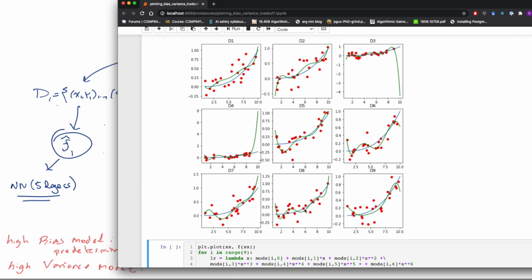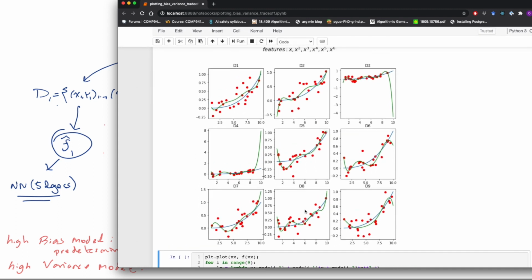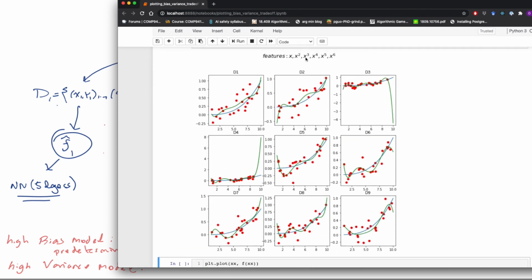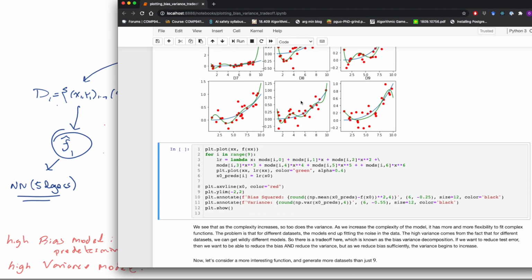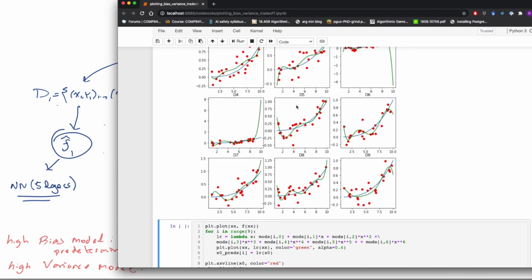What I've done here is increase the complexity of the model dramatically. I have features up to x to the power of 6. So you can expect that the bias is going to go to 0, because it's going to be able to reach the truth. The distance from the truth is going to be quite low because it's so flexible. Flexibility means we can model more and more complicated functions.